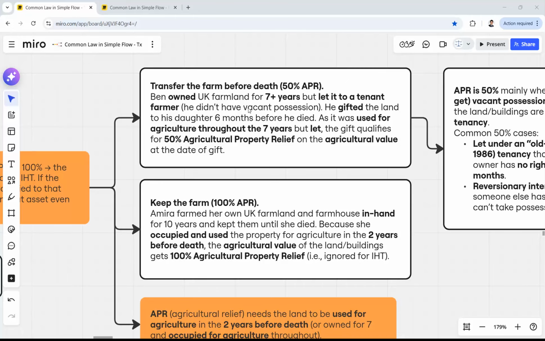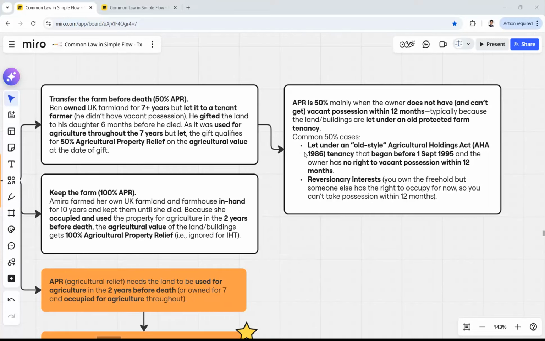Ben owned UK farmland for 7+ years, but let it to a tenant farmer. He didn't have vacant possession. He gifted the land to his daughter 6 months before he died. As it was used for agriculture throughout the 7 years, but let, so it was given on a lease, the gift qualifies for 50% agricultural property relief on the agricultural value at the date of the gift.